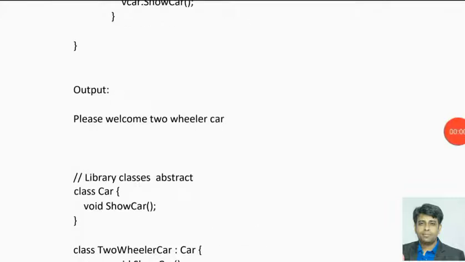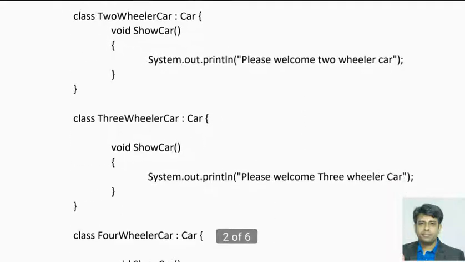Fine. Now the problem is that if I need to add another class in the library part, a four-wheeler car, what will I need to do? Let's see another example I have written.